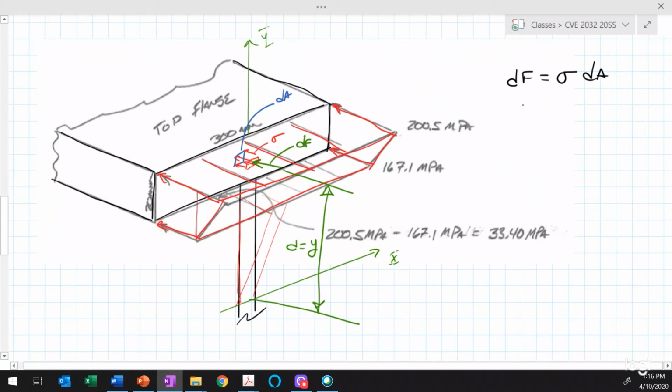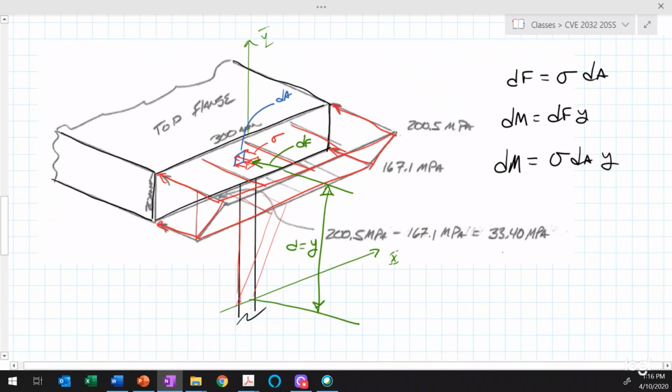And then we could say that there's some moment created by that force, dF, and that dM is equal to dF times that distance d, which is really the dimension y. And then if we expand this a little bit, the differential contribution to moment is really equal to sigma times dA times y.